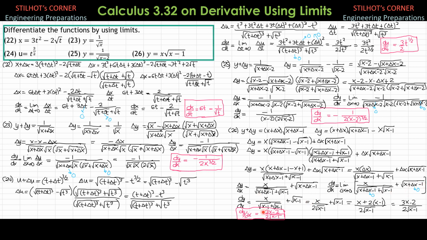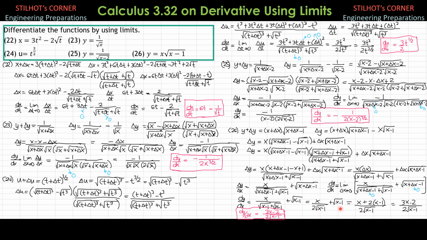So by simplifying this, x over 2 square root of x minus 1 plus square root of x minus 1. Then the rest is algebra. LCD is this.